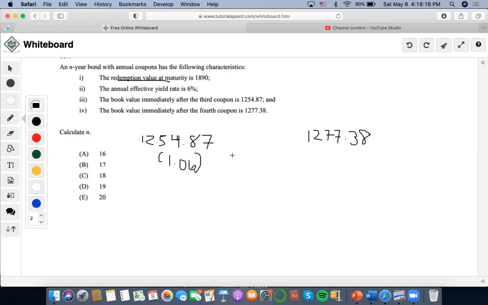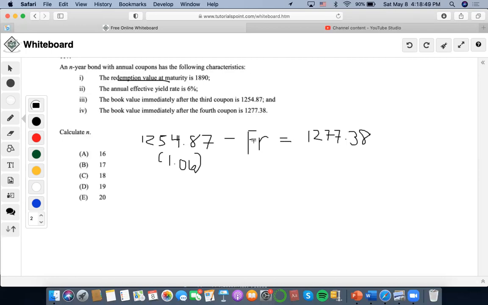So it'll grow by 1 year to the fourth. And since this would be the book value after it accumulates at 6%, the coupon would also have to be paid off. So we could get to the fourth book value of 1,277.38.